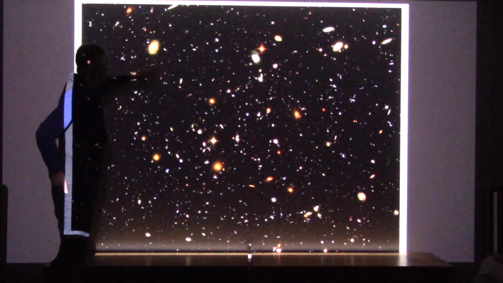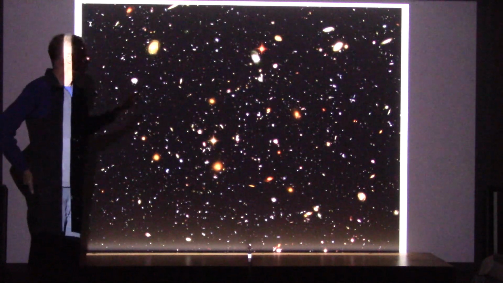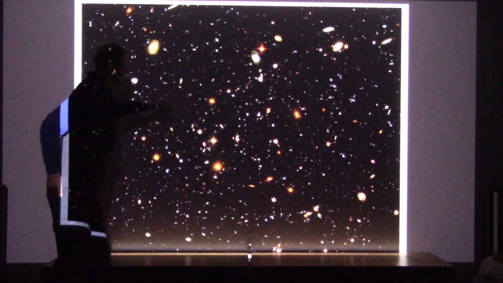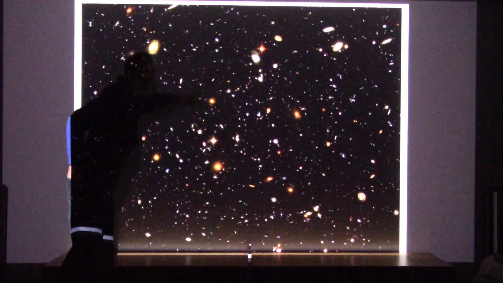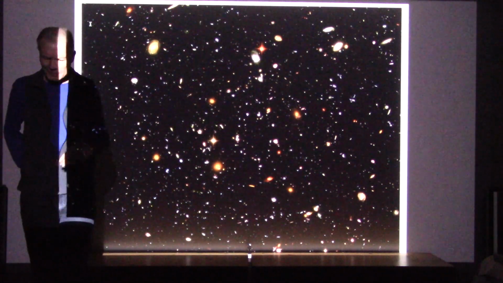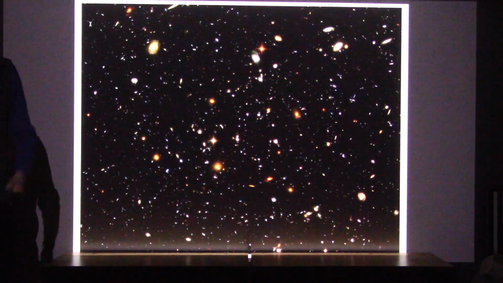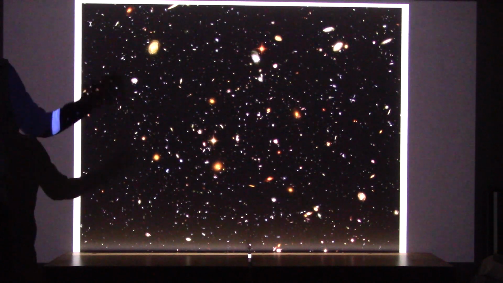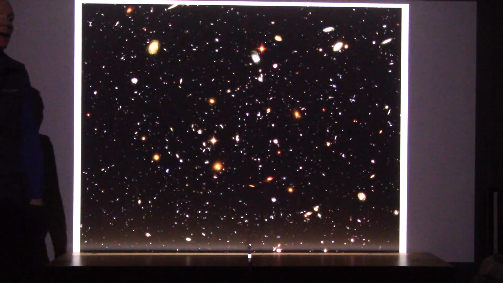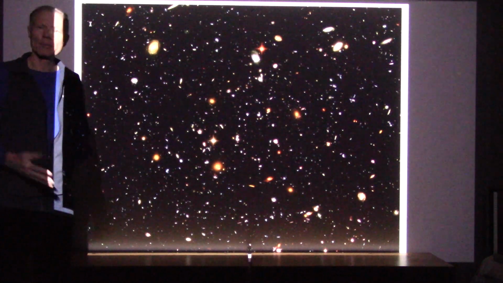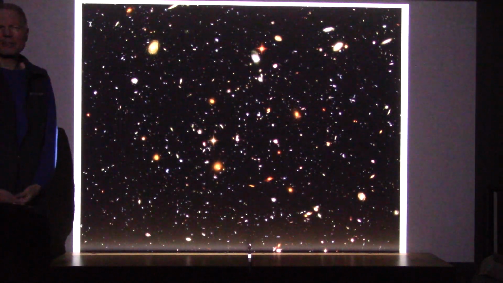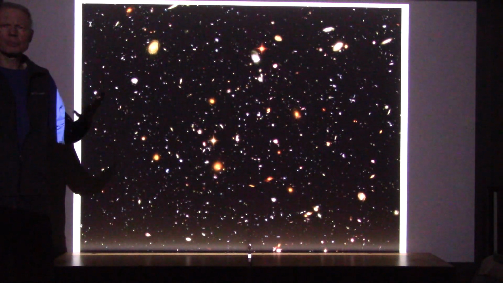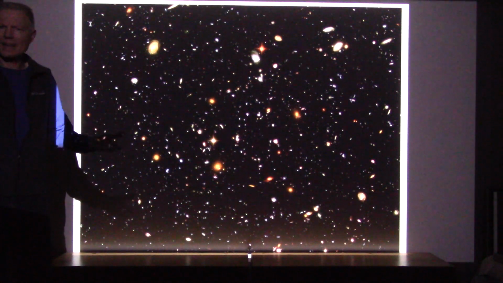You can see some of these galaxies are closer, so you can see more detail in them. But what you can also see are these little faint specks, and those are more galaxies. We can look at distributions, and to a reasonable approximation, it looks like the universe is uniformly filled with these galaxies.